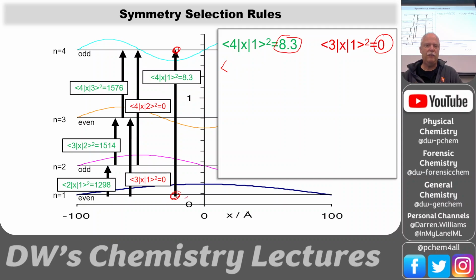So down here at the bottom, n equals 1. Well, let's do 4 since it's on the left here. So up here at 4, look at the behavior right here at 0. Is this even or odd? See, if I go a little bit to the right and evaluate it, it's positive. If I go the same distance to the left and evaluate it, it's negative.